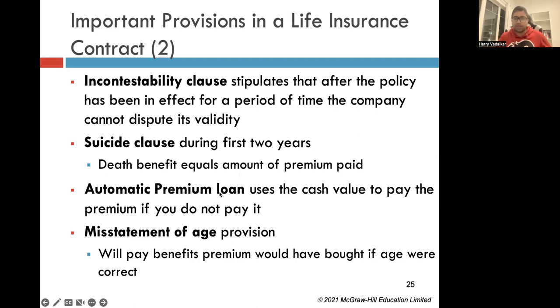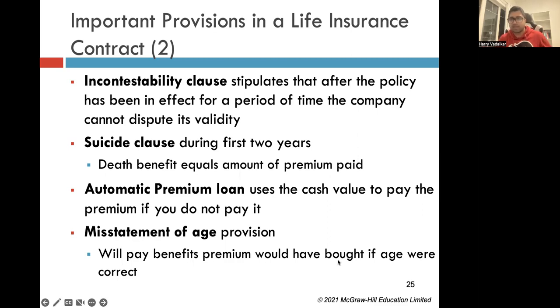There is automatic premium loan, which uses the cash value to pay the missed premium if you do not pay. Misstatement of age provision: if you misstate your age in the policy, they will generally pay benefits based on the correct age.